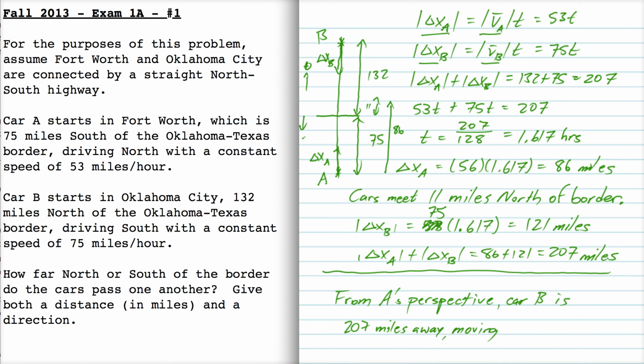We have to add the speeds together, 128 miles per hour. Right, so if you're sitting in car A and car B hits you, the relative speed is going to be 128 miles per hour. From that, you can get the time.